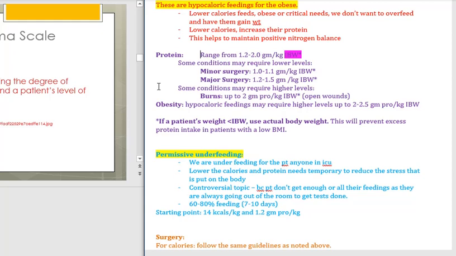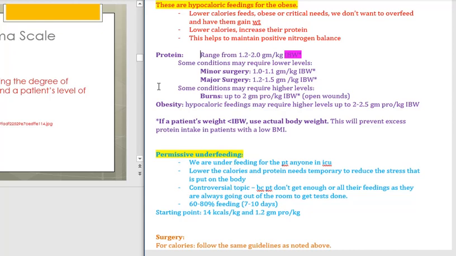Okay. So, and then I have a little asterisk because there's always a caveat, right? So what if you're working with a patient and you're calculating protein needs and they are less than their ideal body weight? Then, do you want to calculate their protein needs on their ideal body weight or do you want to use their actual body weight?